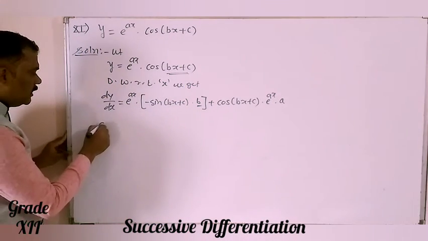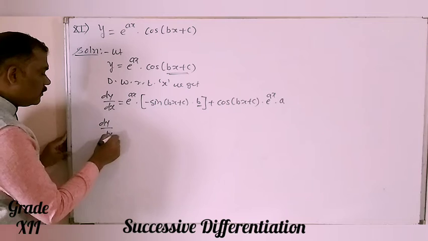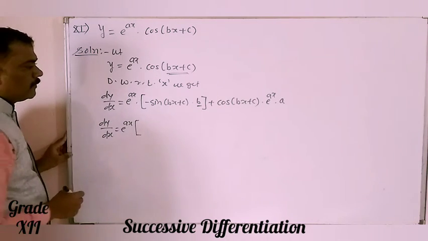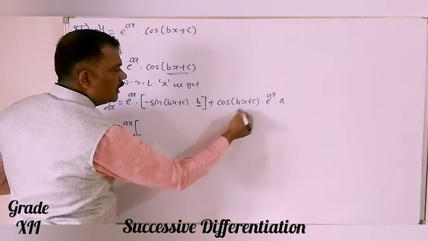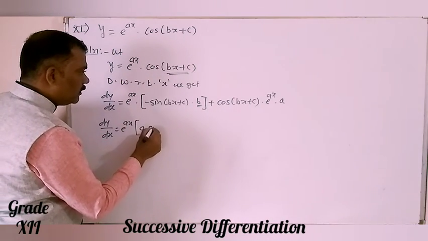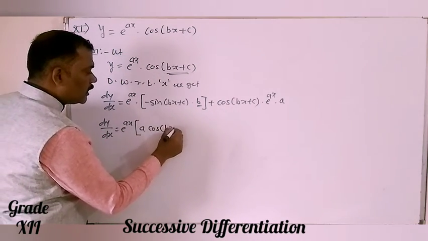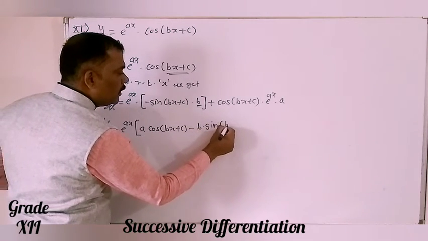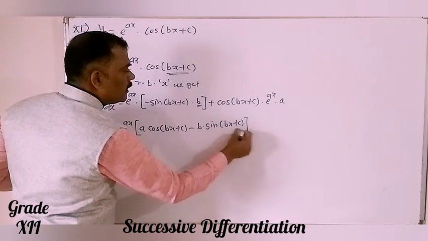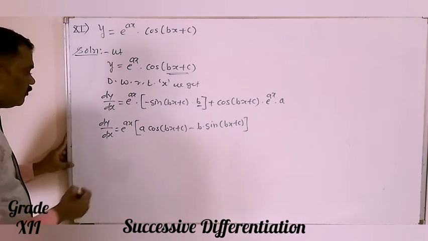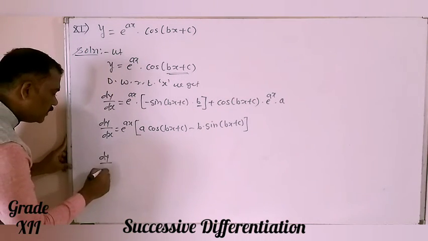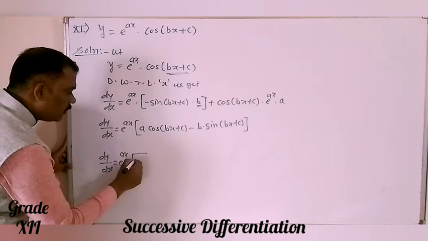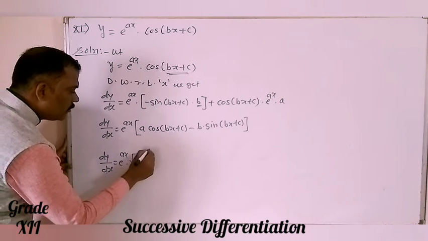So we can write dy by dx is equal to e raised to ax into bracket. Here we write the positive term first, so a into cos of (bx plus c) minus b into sine of (bx plus c). We can adjust here somewhat. dy by dx is equal to e raised to ax into under square root of (a square plus b square).